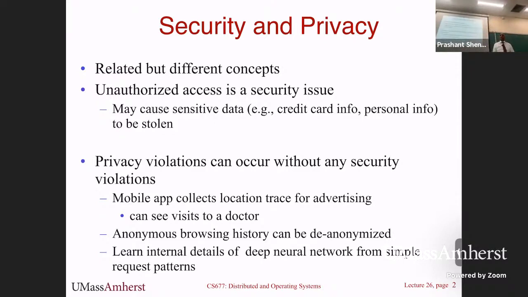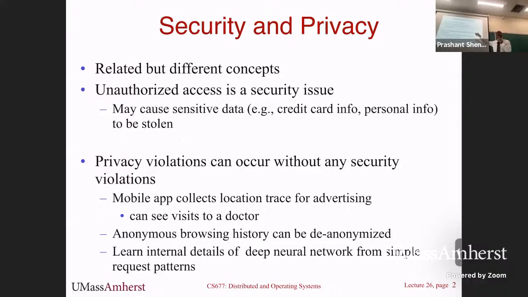So if somebody hacks into a machine and steals data, that's clearly a security problem. Even though the data may be sensitive, you may have credit card information or personal information that's stolen, at the end of the day, that was a security problem. Of course, private data has been stolen, no question about that, but this is considered more of a security issue than a privacy violation. Okay?